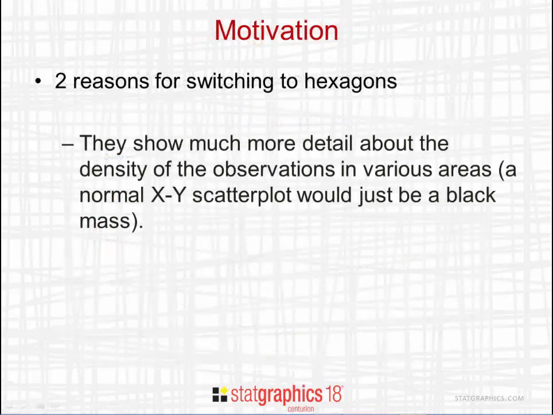There are two main reasons for displaying hexagon plots when you have a lot of data. First, they show much more detail about the density of the observations in various areas of the XY space. A typical XY scatter plot for 7 million observations would just be a black mass.